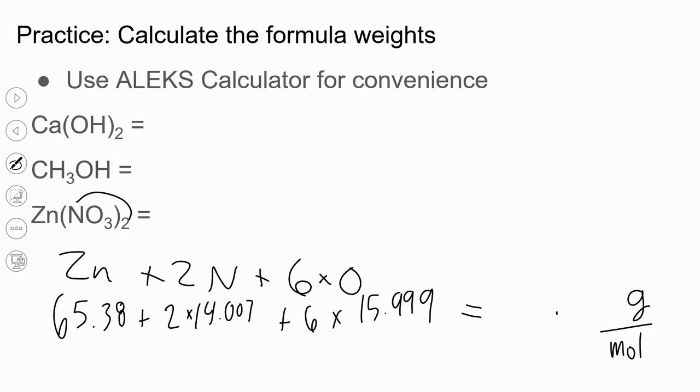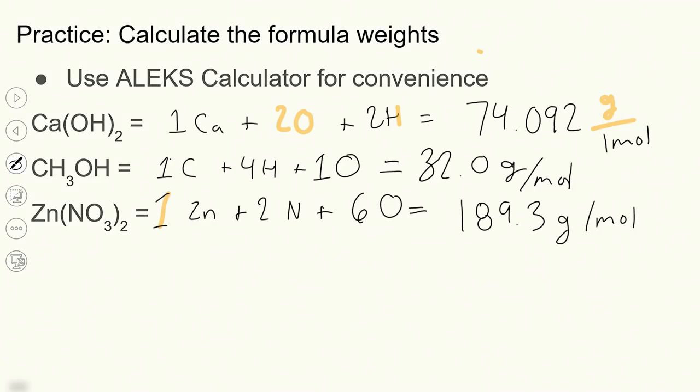Okay, there we go. 189.388 grams per mole. Okay, questions on that? Does that make sense? Okay, the answers are in the slide if you need to check and see.